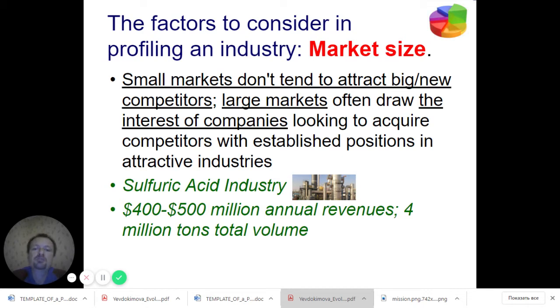So you have to mention the size of the market of your enterprise in money units, in dollars or in hryvnias, and in some absolute units, in tons, in decaliters, in units, I don't know. Maybe if it is an event agency, it will be in events, for example, also.